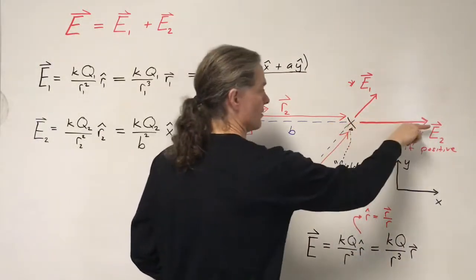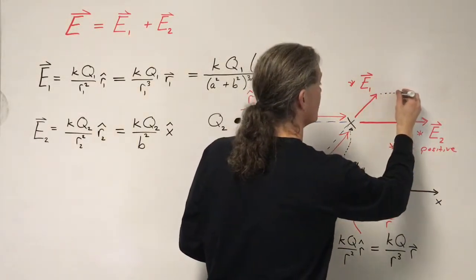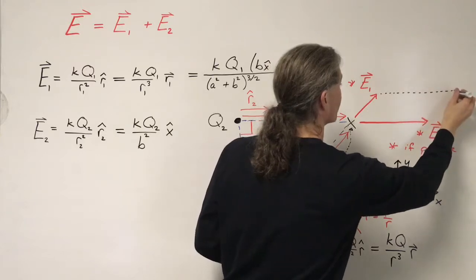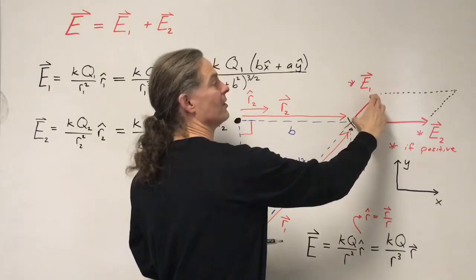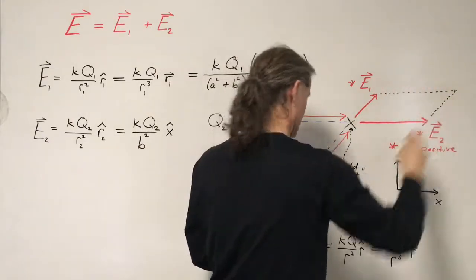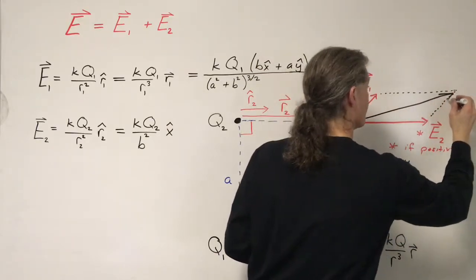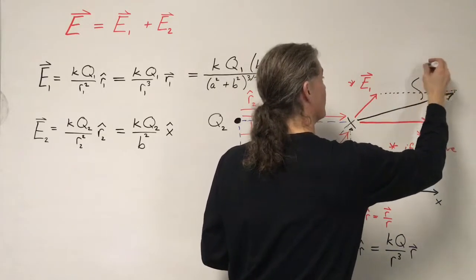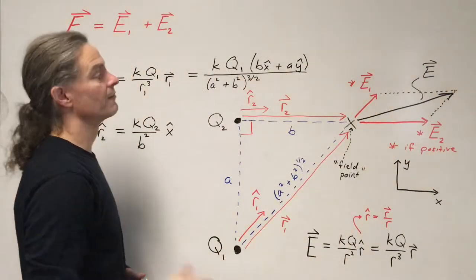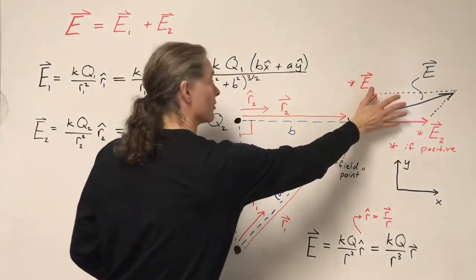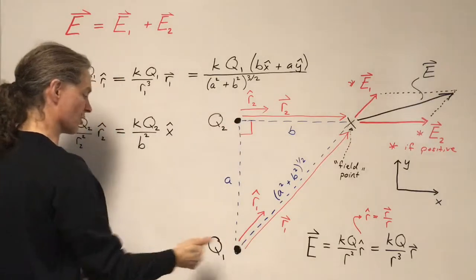So if this is E2 and that's E1, we can do graphical vector addition by completing the parallelogram, which is equivalent to taking the tail of E1 and putting it to the tip of E2. The net electric field then would be right like that. And this would indicate its magnitude and direction of the net electric field. So that's the graphical representation of the net electric field at this location due to these charges.